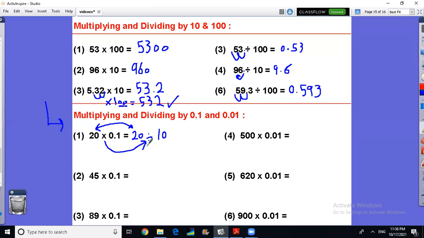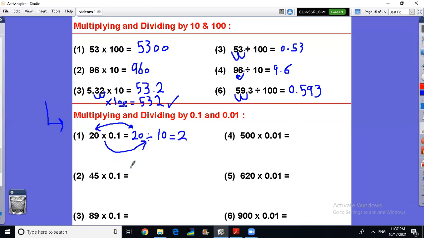Then this is 1/10, so it is going to become 10. What if it was 100th? It's going to become 100. Again, 20 times 1/10 is the same as 20 divided by 10, which is just 2.